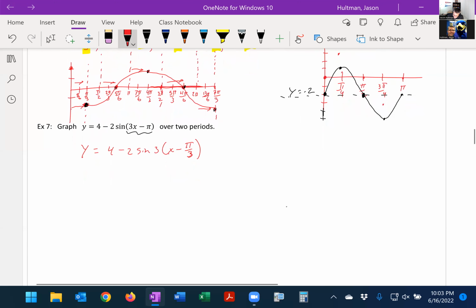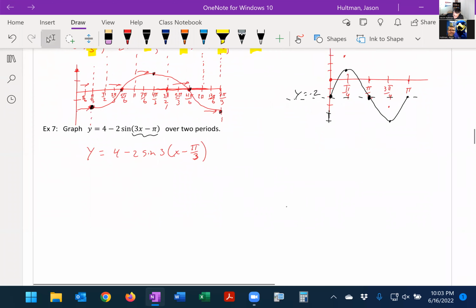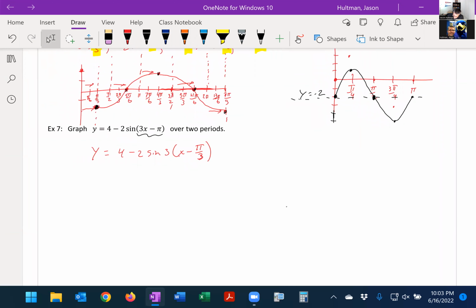Now we know what A, B, C, and D are. A is equal to -2, B is equal to 3, C is equal to 4, and D is equal to pi over 3. So another phase shift of pi over 3.